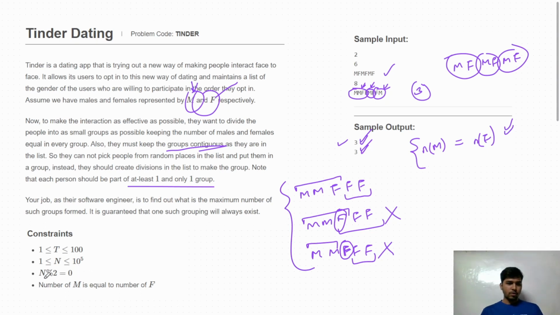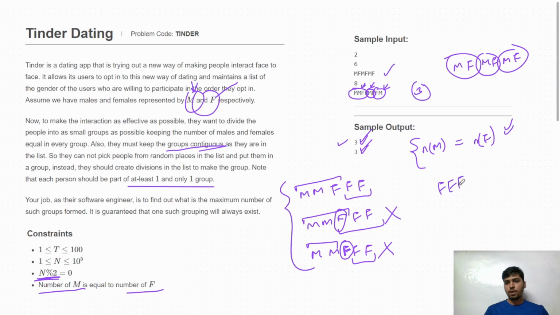Now here are the constraints which we can consider. First of all, n is even, so the total number of males plus the total number of females will always be even. And the second thing is that the number of males and the number of females will be equal. What does it mean? It means that we will have at least one group. How? Let's consider this situation.